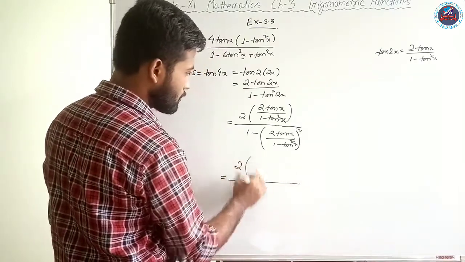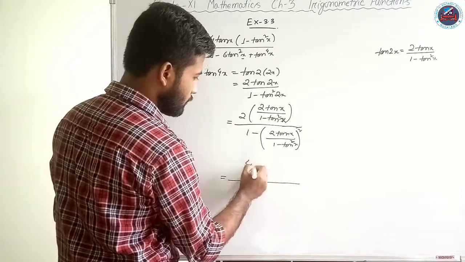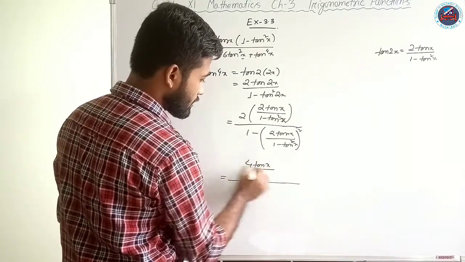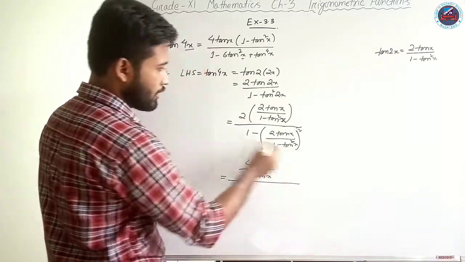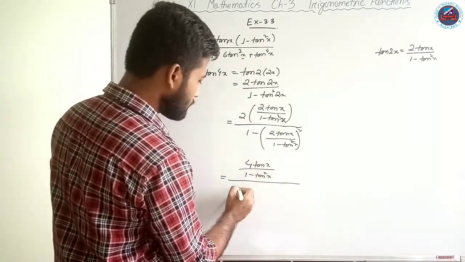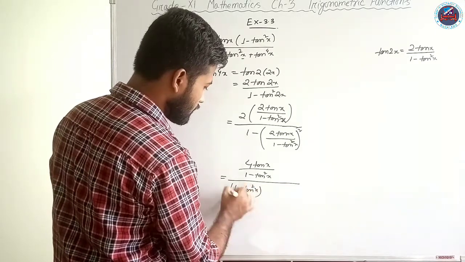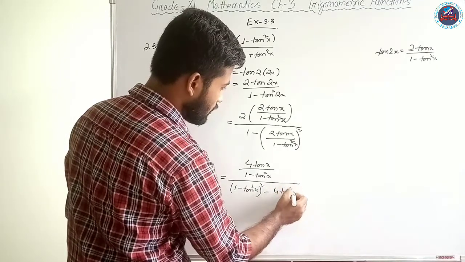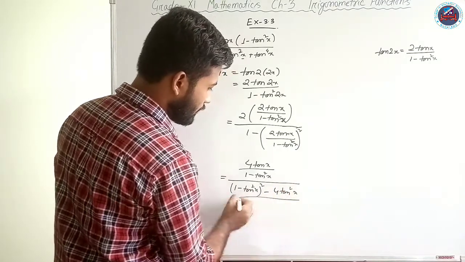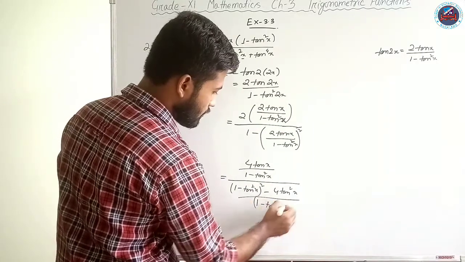Simplify it: 2 into, here it will be actually 4 tan x divided by 1 minus tan square x, and here we shall have 1 minus tan square x whole square minus 4 tan square x, and everything divided by 1 minus tan square x whole square.